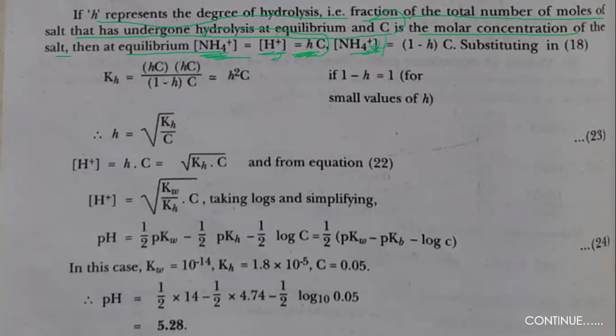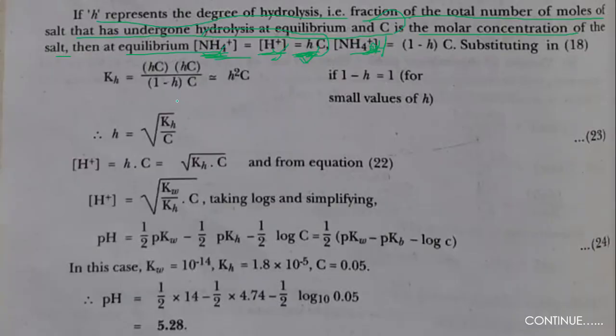Printing mistake, as I told you, that is the problem in the book. So by putting the values hC for the H plus ion concentration and hC for the NH4 plus concentration upon NH4OH.